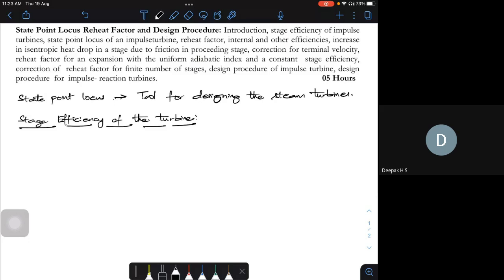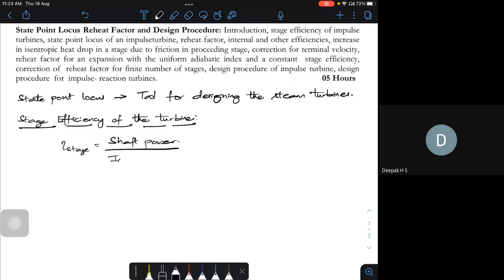The stage efficiency is the ratio of your shaft power, that is the power available at the shaft, or rotor power, whatever it may be, to what you have as the isentropic enthalpy drop.